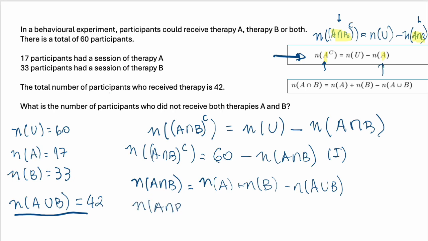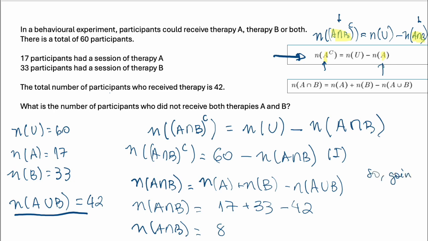So this is N of A intersection B. This will be 17 plus, what's the number of people in B? Well, 33. Now, what's the number of people of the union? Well, I have that, and that's 42. So after calculating this, I will have 8, right? So this is the result. 17 plus 33, that's 50, minus 42, that's 8. Okay, so I can go back to 1.